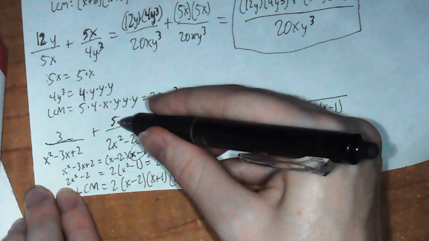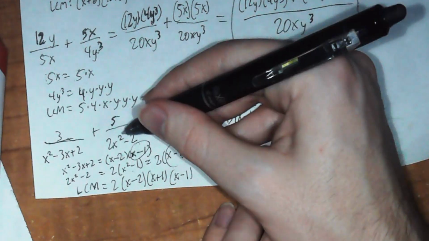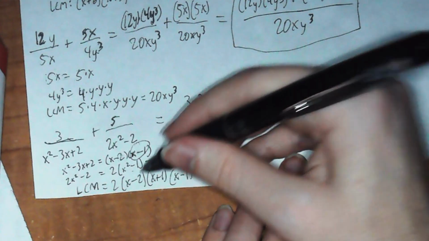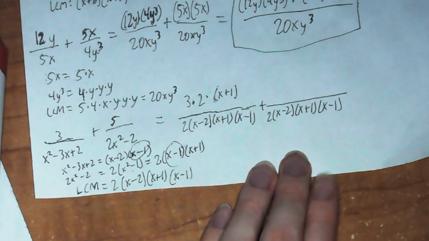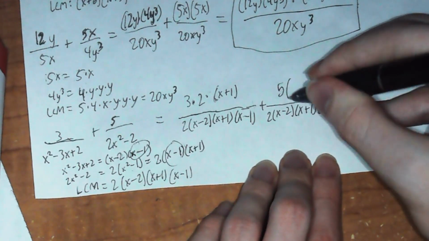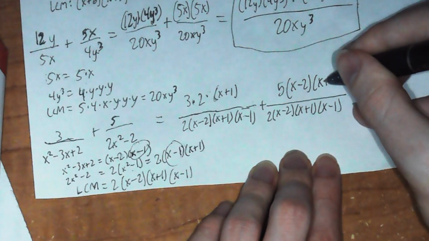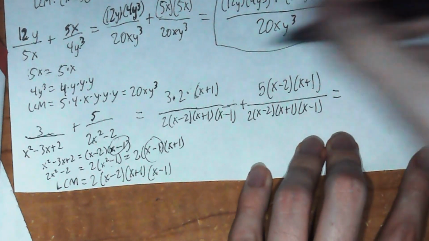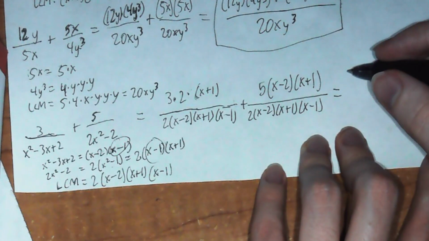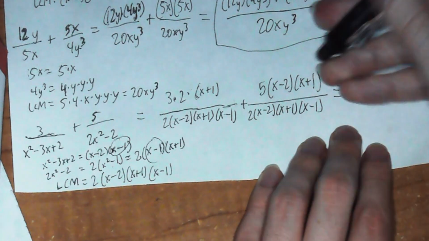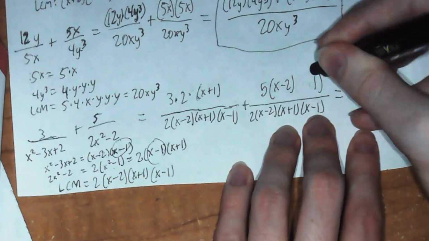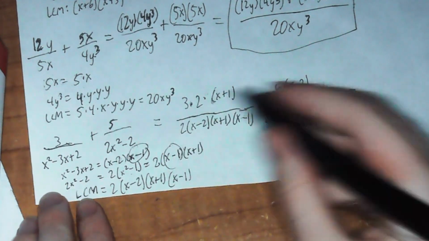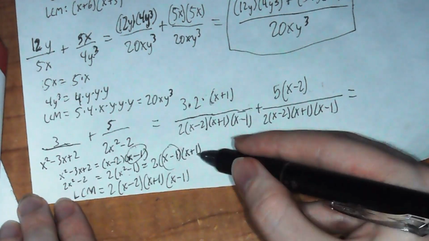And then we have a 5 over here, and the denominator here takes up the 2 and the x minus 1. So what we're left with is the x minus 2 and the x plus 1. So that means we have 5 times x minus 2 x plus 1 on the top. Hang on, that's not correct. Should just be 5 and x minus 2, because this denominator here takes up the 2, the x minus 1, and the x plus 1.